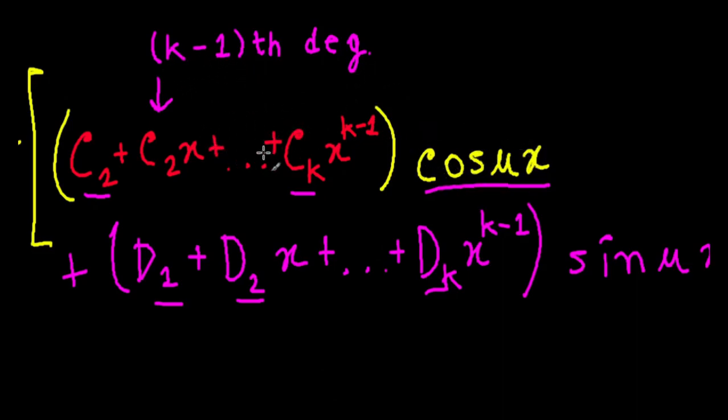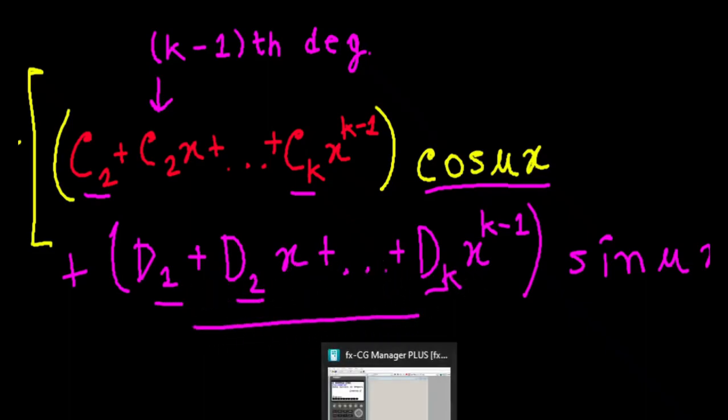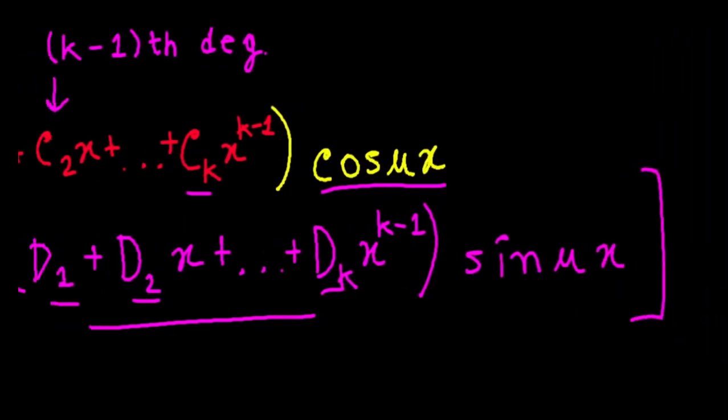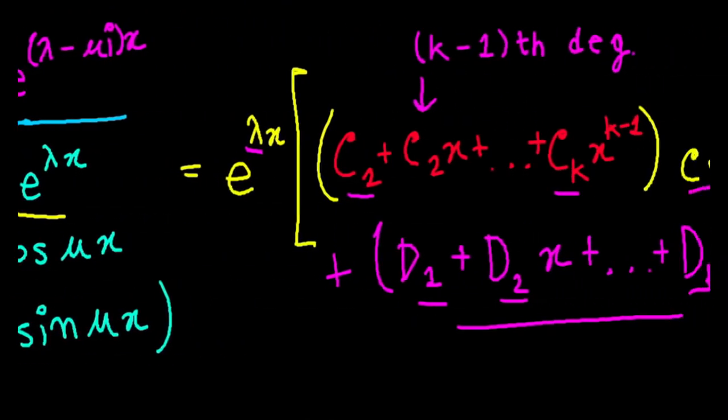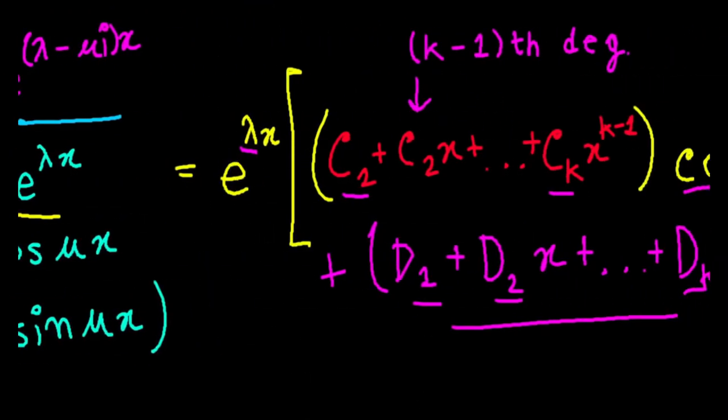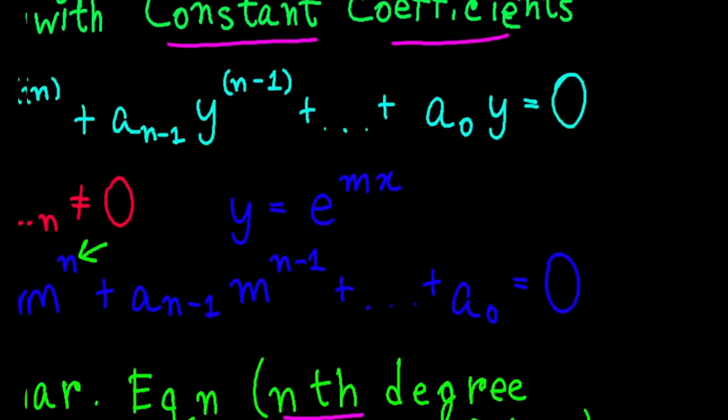If you have k pairs of those conjugate roots, you're gonna have a general k minus 1th degree polynomial multiplied by cosine, and also another different general k minus 1th degree polynomial multiplied with sine of mu x. All of that is in brackets, because all of that is multiplied by the exponential. So that should be the end of this video.